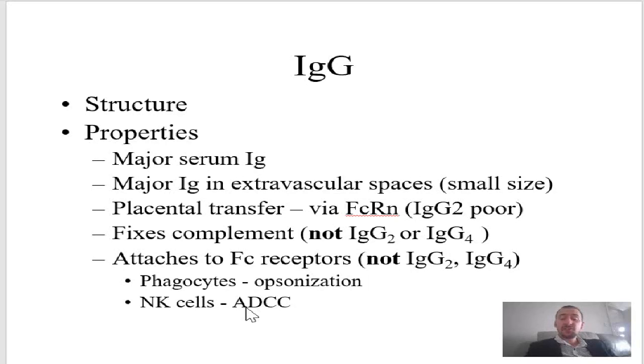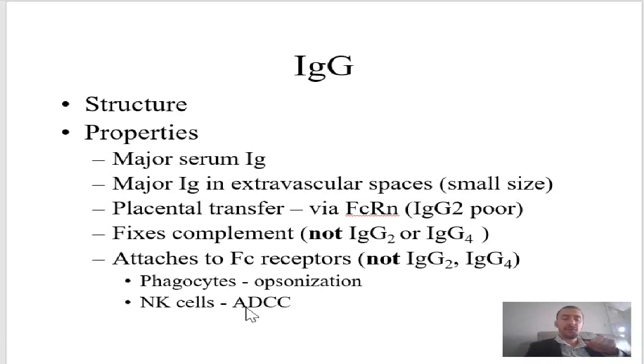It's the sole contributor to placental transfer of antibodies to the fetus, and it does this through the Fc receptor. IgG2 has poor uptake in the placenta. The subtypes of IgG have differing capabilities of fixing complement.